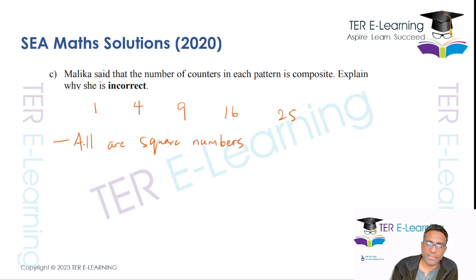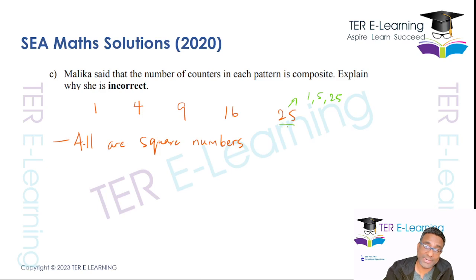Now, a composite number has one other factor besides itself and 1. So in this case, the 25, I'll put this in a different color for you. The 25, we have 1, we have 5, and we have 25. All of these are factors of 25.